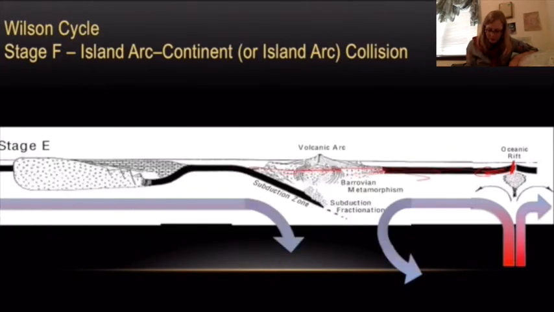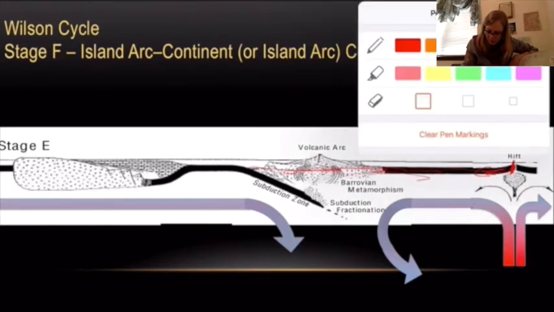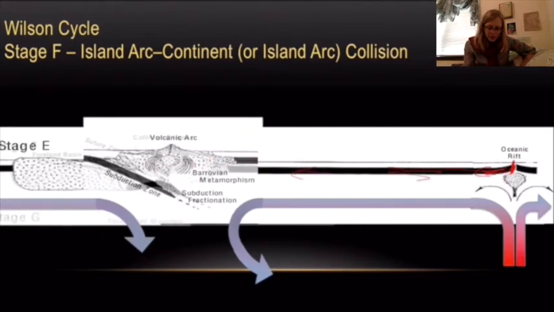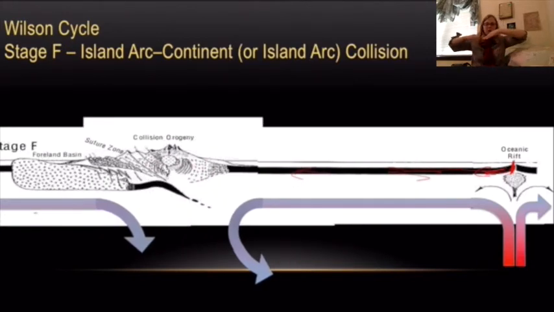And when that happened, it's pushing this island arc further and further to the left. The continental crust is getting pushed further and further to the right until the island arc ends up on top. It gets pushed up on top of the continent.